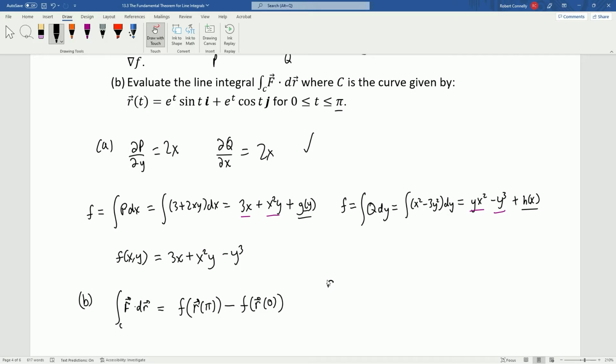So let's evaluate those. r of pi is, what do we get here? e to the pi times sine of pi, which is 0. And for the y-coordinate here, it'd be e to the pi times cosine of pi, which is negative 1. So this is negative e to the pi.